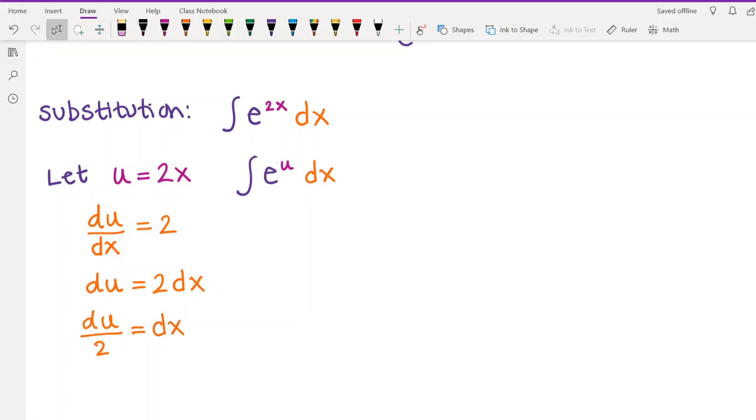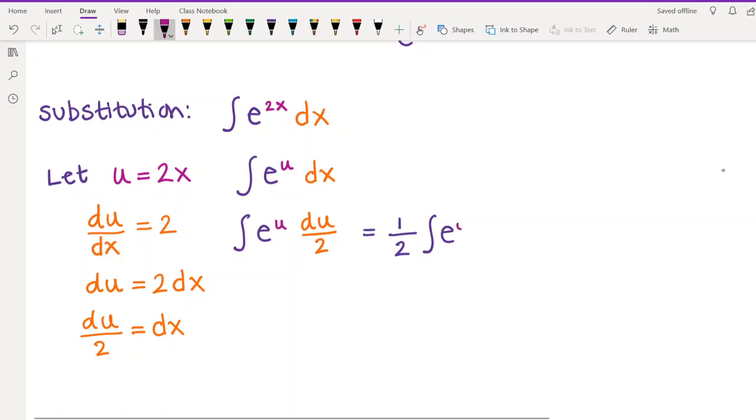So we're now going to go into this integral, and now we have e to the u, but we can replace this dx with du over 2. A nicer way to write that would be taking this over 2 and taking it outside of the integral. So we're left with 1/2 times the integral of e to the u du.